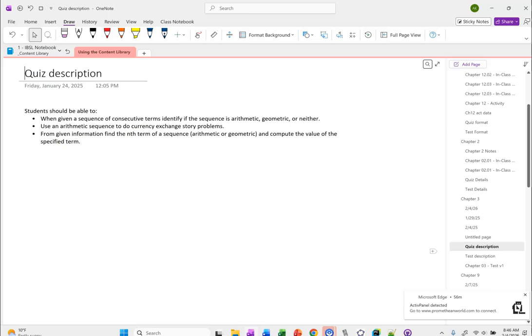You should be able to use an arithmetic sequence to do a currency exchange. From given information, find the nth term of a sequence and compute the value of a specified term. That's the quiz. Rather straightforward, I think.